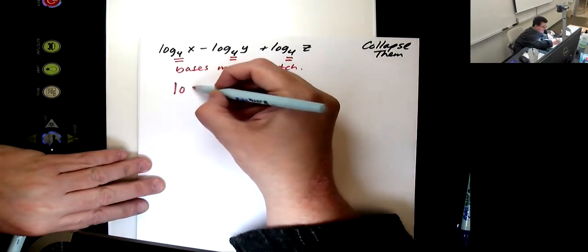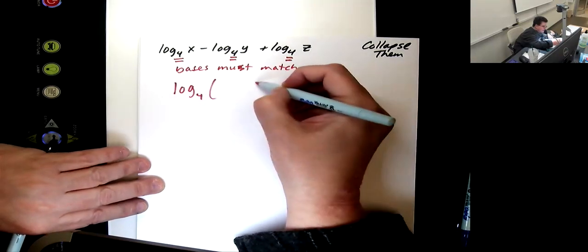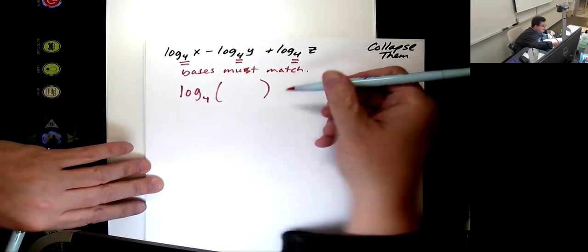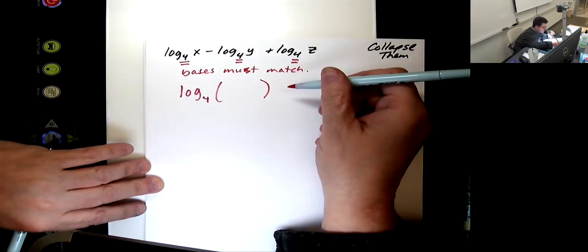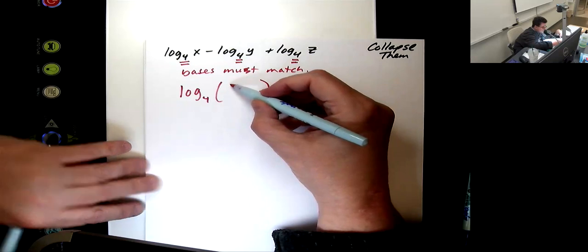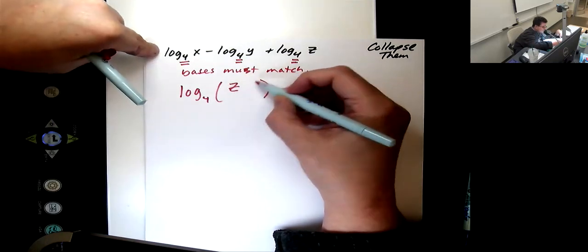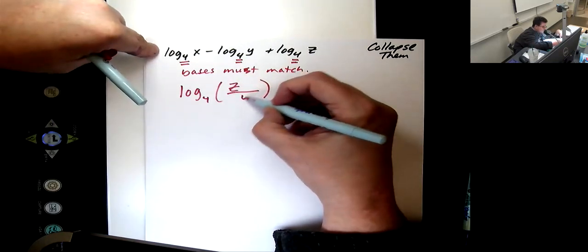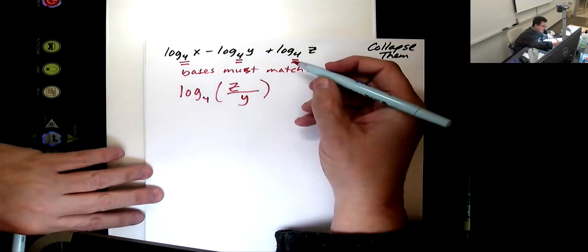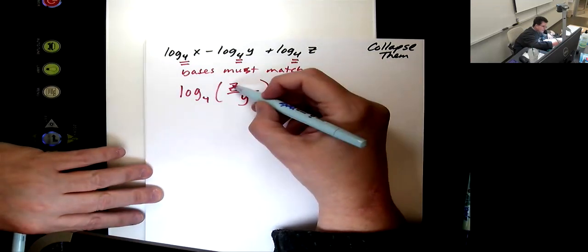So I can put these together as one big thing. X is positive. We're subtracting the y, so the y subtraction turns into division. And we're multiplying by, oh, I wrote z.